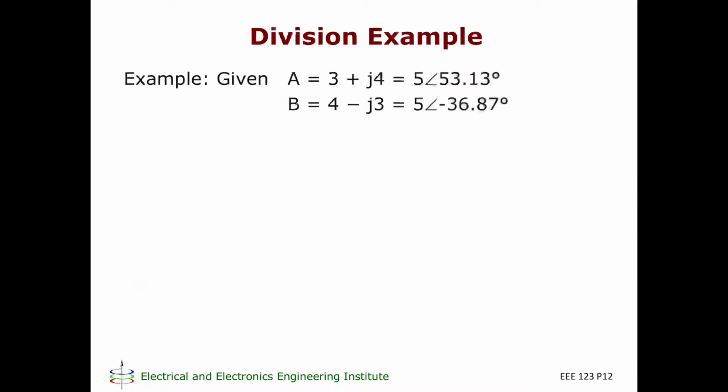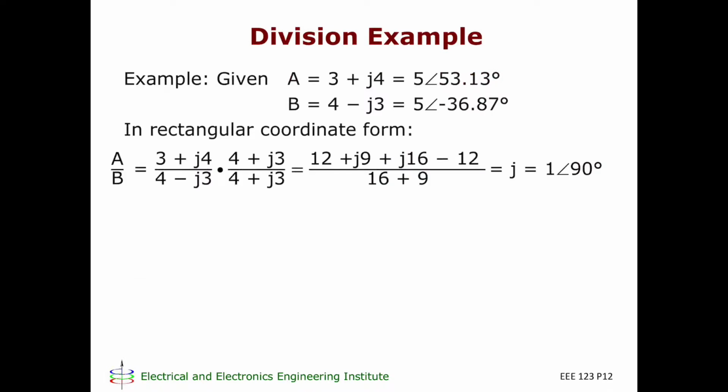So let's try an example again. If we wanted to divide 3 plus j4 by 4 minus j3, to get rid of the imaginary part in the denominator, you would have to multiply both numerator and denominator by 4 plus j3.